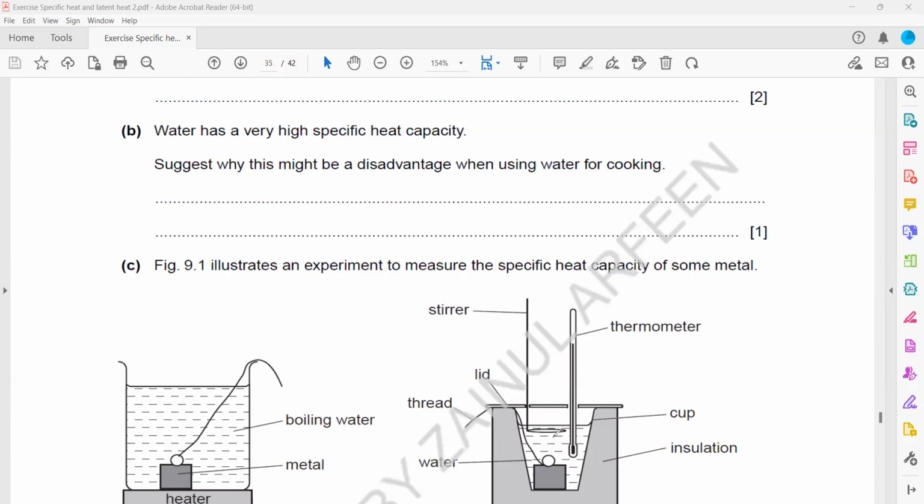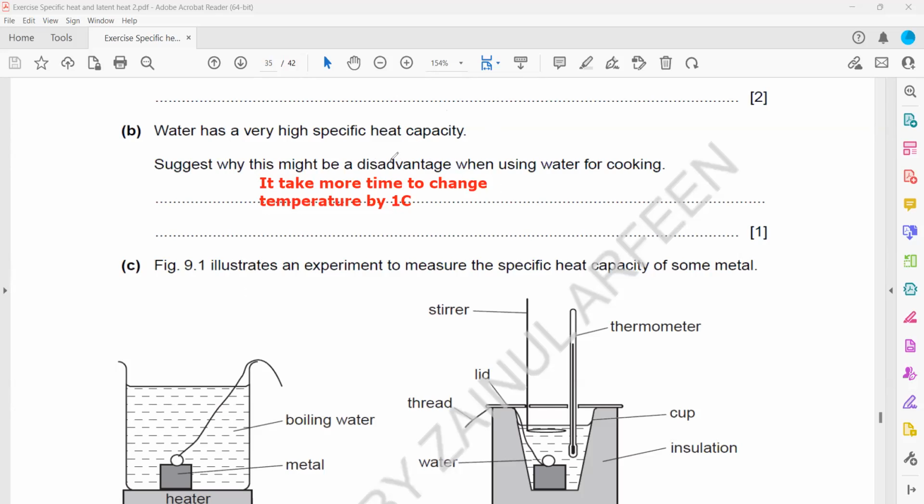It takes more time, because it will absorb a lot of energy until it changes the temperature by 1 degree.